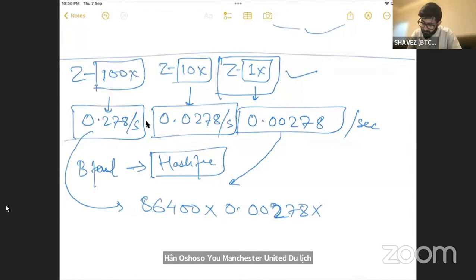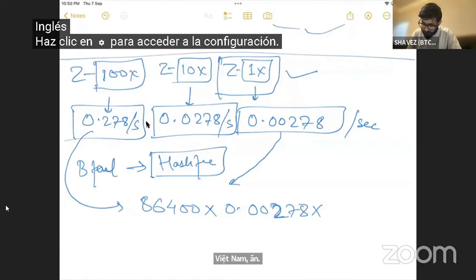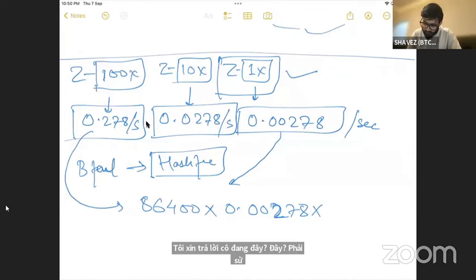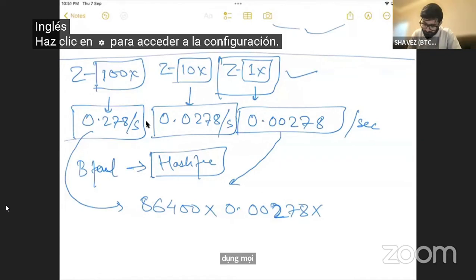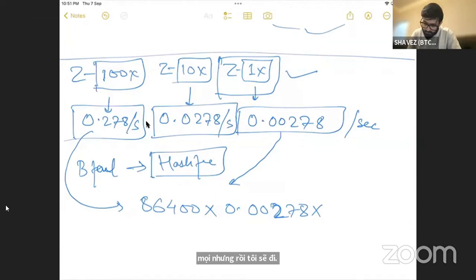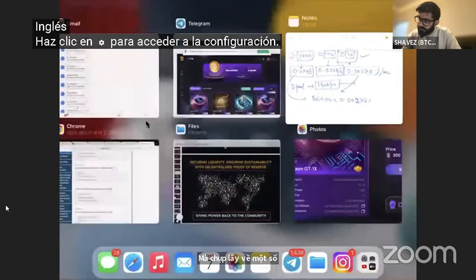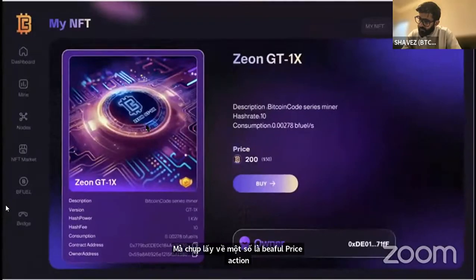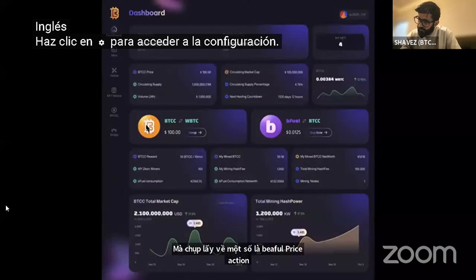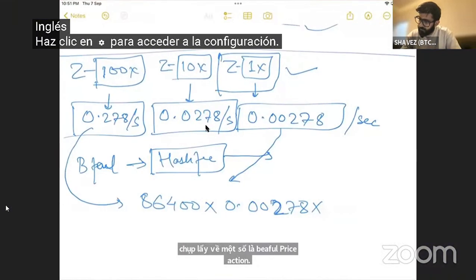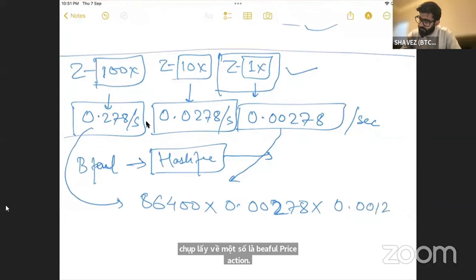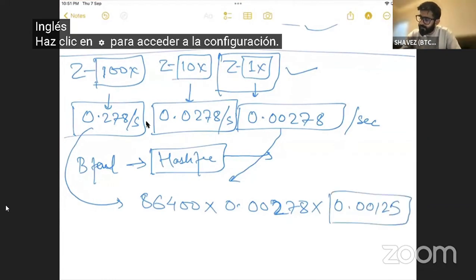I'm not that kind of genius. 86,400 multiplied by 0.00278 multiplied by the B fuel price, which is in dollars and is fixed, which will always be fixed.